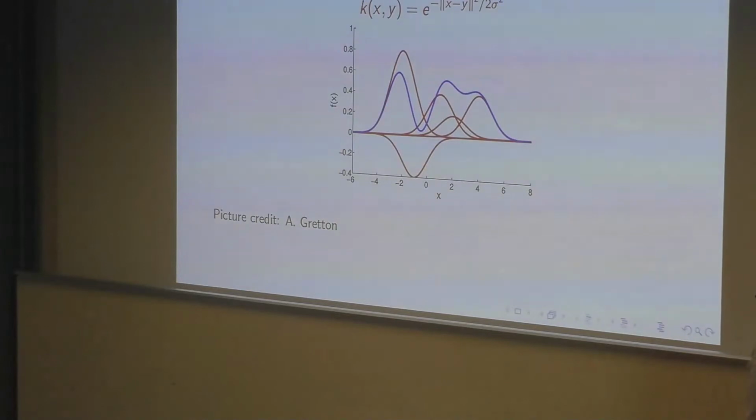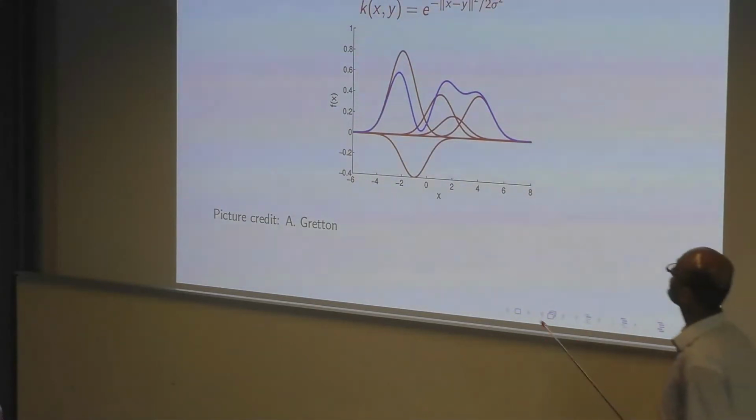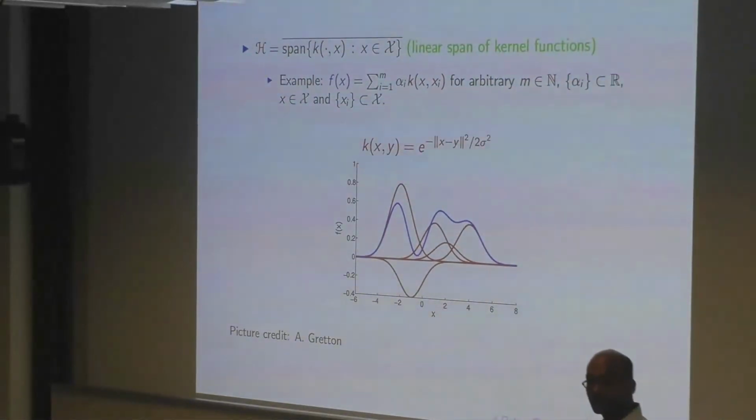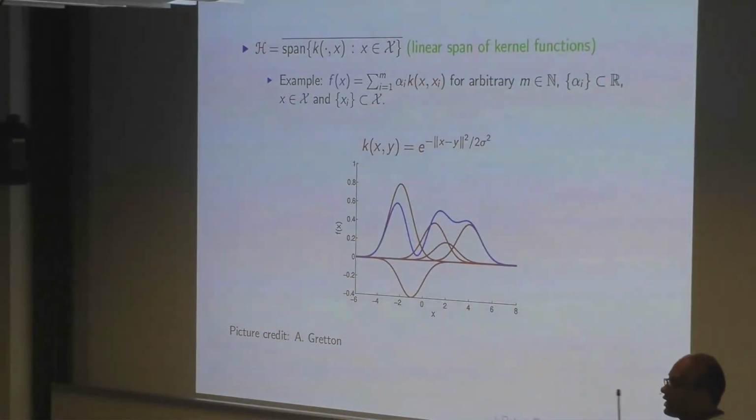So you can already see from that definition that if my kernel is a Gaussian kernel, which is infinitely differentiable, that automatically tells me that the functions in that space are infinitely differentiable. So in the case of Gaussian RKHS, of course, the functions are going to be infinitely differentiable.